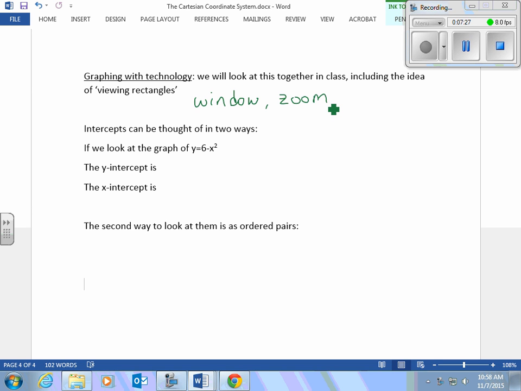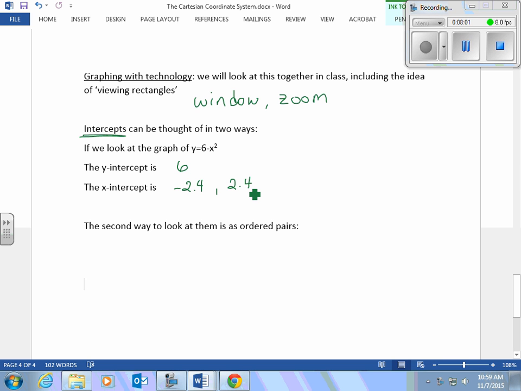The last thing I want to look at for this short introduction is what an intercept is. An intercept is really where the graph crosses the axis. If you look at the graph of y equals 6 minus x squared, you can see that the y-intercept happened at 6. The graph crossed the y-axis at y equals 6. The x-intercepts are approximately -2.4 and approximately +2.4 along the x-axis, so there are two x-intercepts.